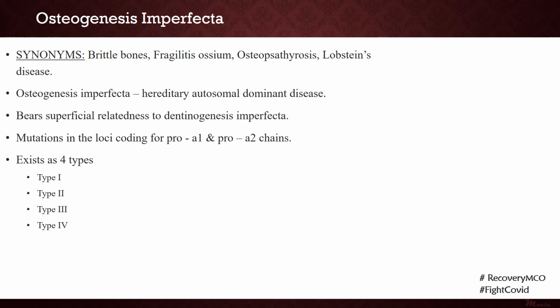This gene is basically associated with the formation of type 1 collagen. Type 1 collagen is an important component of bone and many other connective tissues. So, a genetic mutation involving this gene would result in improper or immature collagen 1 formation, resulting in various disorders, osteogenesis imperfecta being one of them. This pathology can be further classified into 4 types: type 1, type 2, type 3 and type 4.